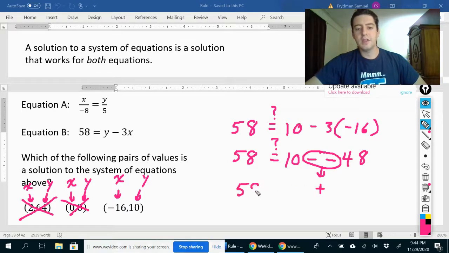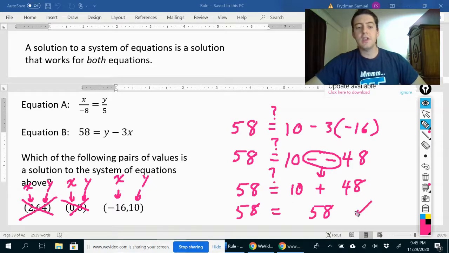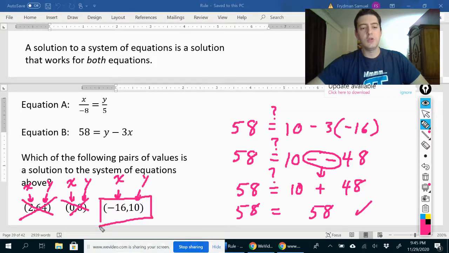So is 58 equal to 10 plus 48? Well, 10 plus 48 is 58. So I get 58 on the right, and I already had 58 on the left. So yes, these two numbers, -16 for x and 10 for y, are a solution to equation A. It is also a solution to equation B. For both of these equations, it makes both sides the same.